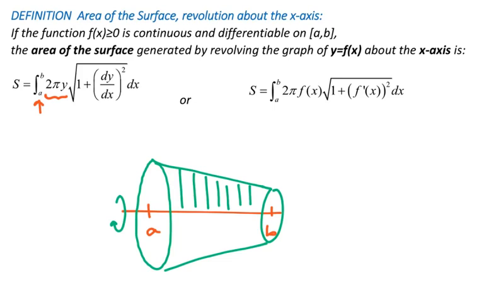So we have a variable radius represented by the function. And then the second piece here, the square root of the quantity 1 plus the derivative squared, that's my arc length formula. So all this formula for surface area is the variable circumference times the variable arc length. Circumference times the length around.